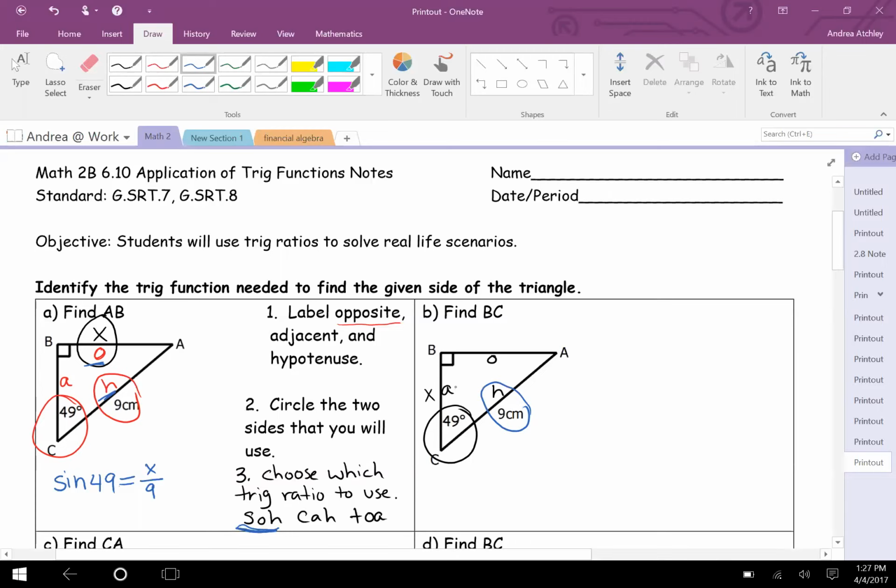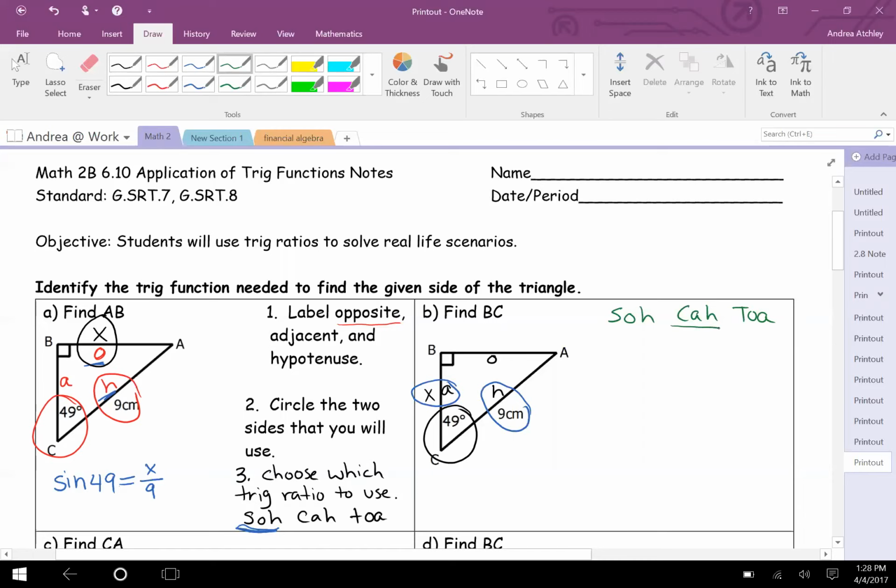Okay, then we also need to find this side, which is my x. So this time we're using adjacent and hypotenuse. So if we go look over, if we use SOHCAHTOA again, we want to find the one that's going to use adjacent and hypotenuse.